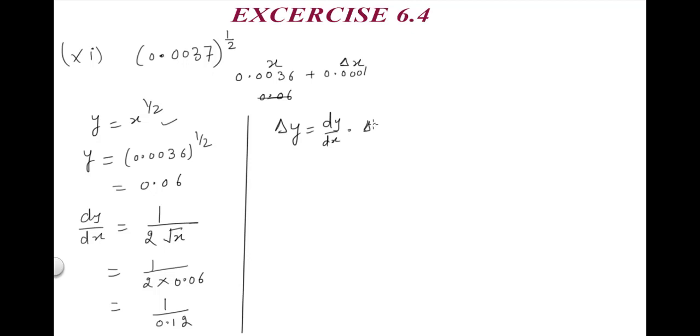So dy by dx is 1 upon 0.12 multiplied with delta x, which is 0.0001. Solving it, we get 1 upon 1200, which in decimal is equal to 0.00083. So we have calculated delta y also.